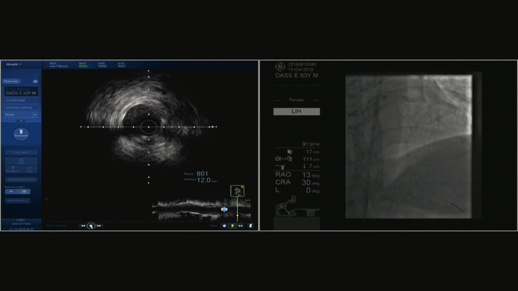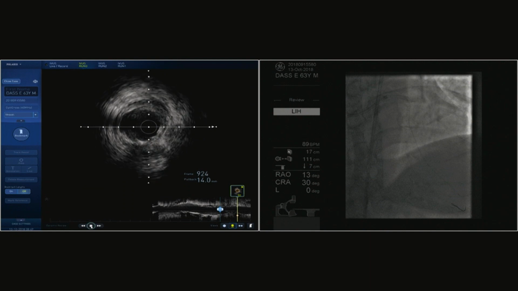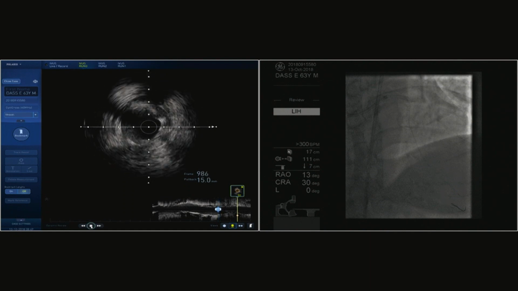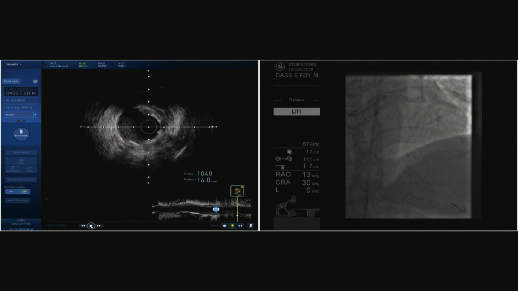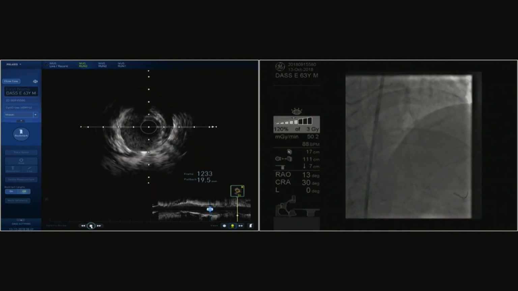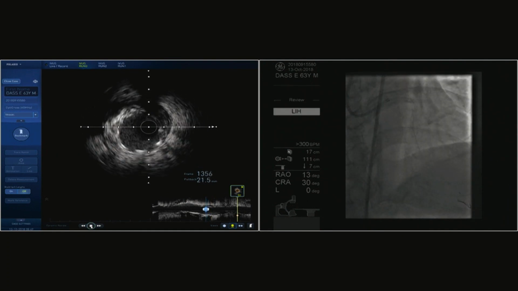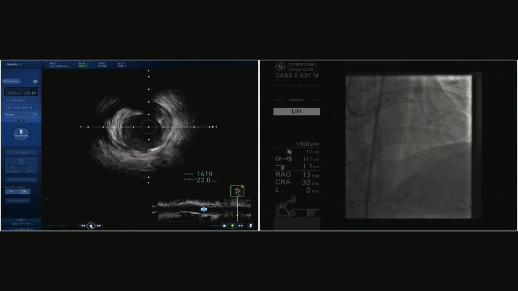So in this case, I think additional balloon dilatation from proximal LAD to the distal left main will be mandatory. Because we want to get a much bigger stent area around the proximal LAD to distal left main.